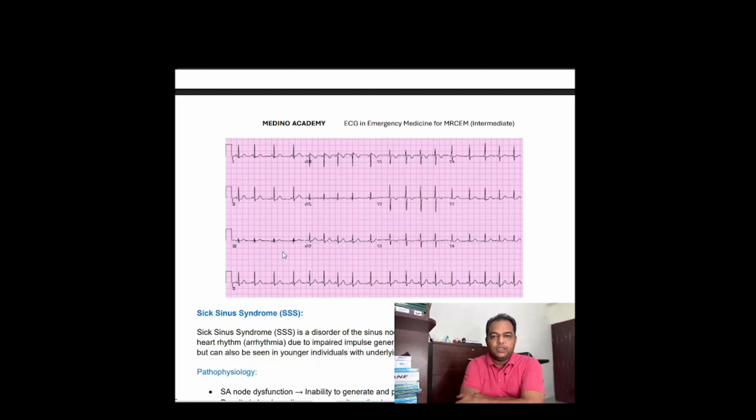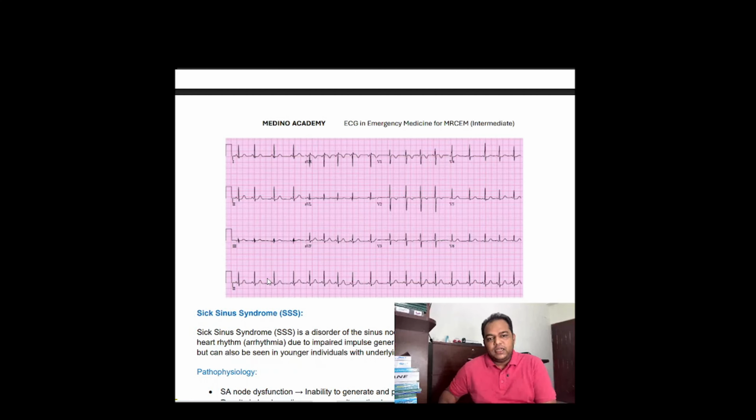When P wave is absent and there is irregularity, it is AF, atrial fibrillation.